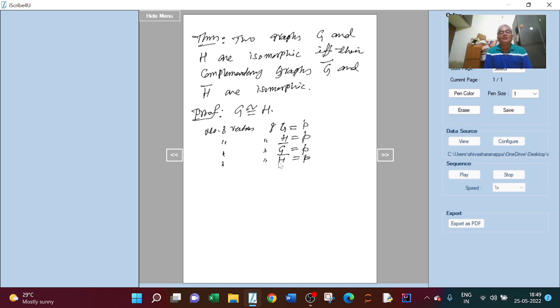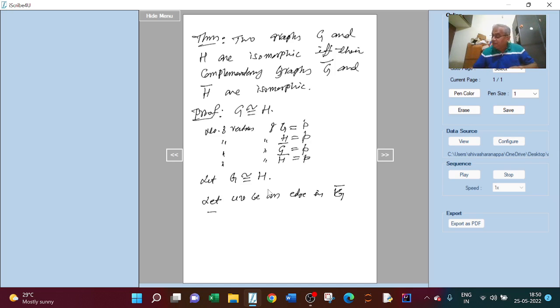Now let me consider G and H are isomorphic. So let G be isomorphic to H. Let UV be an edge in G bar.